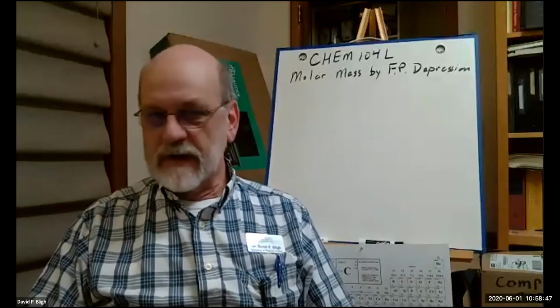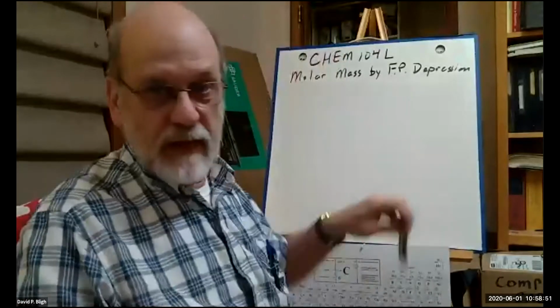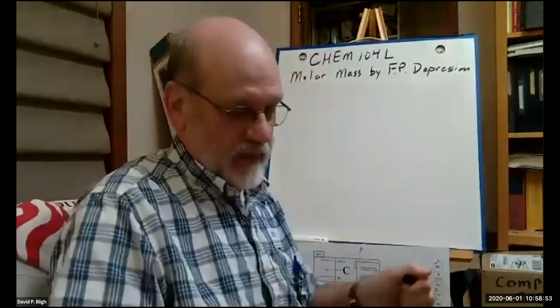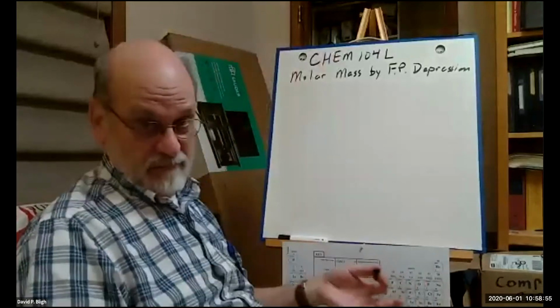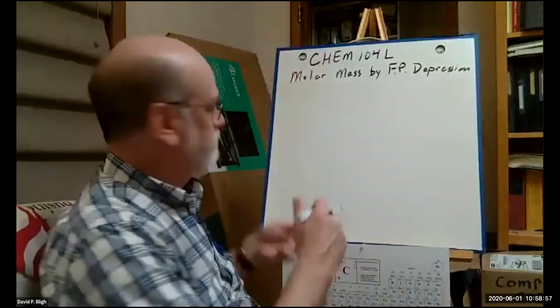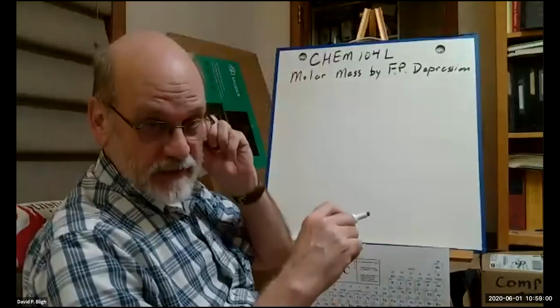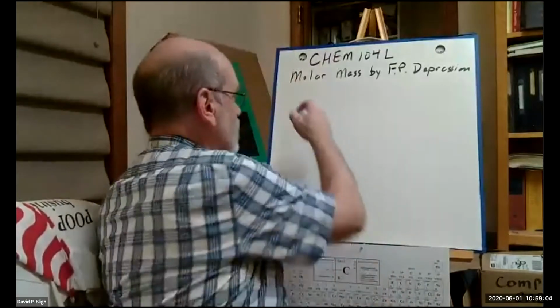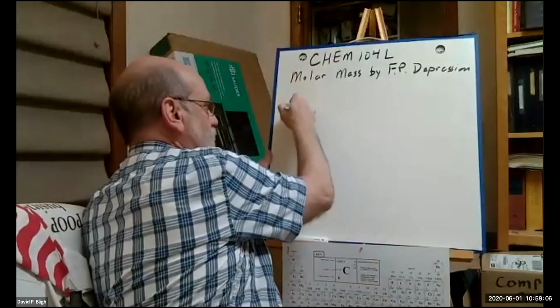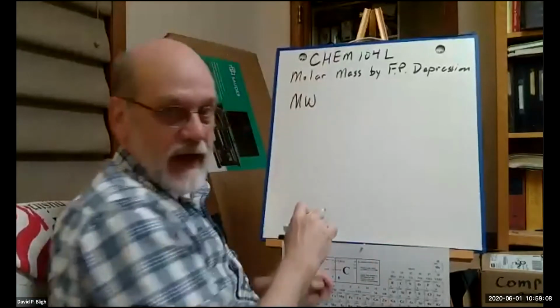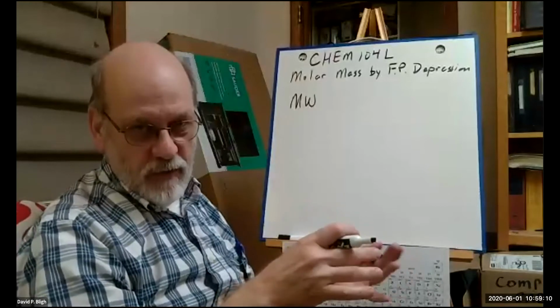And if we break it down, molar mass, that should be old news for you, since you've already had first semester general chemistry. You'll know that molar mass, notice that I always abbreviate that MW for molecular weight.